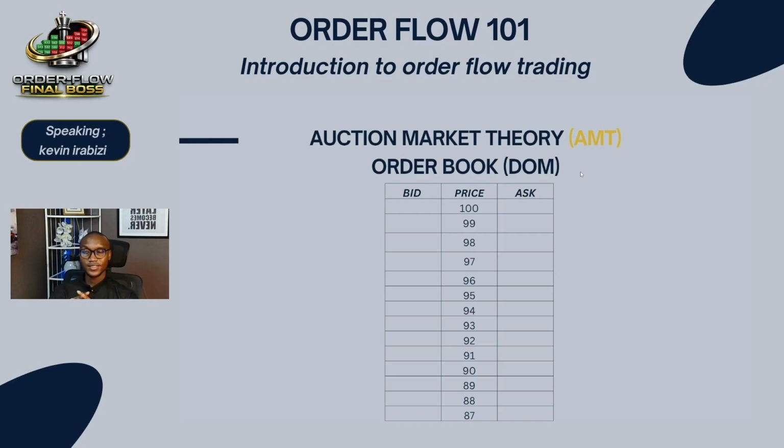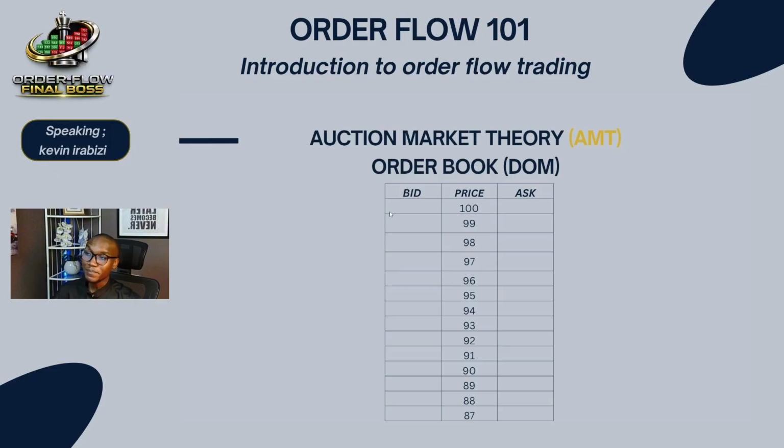Listen carefully. The order book of the charts doesn't look like this. This is a very, very simplified version that I've made up for you guys to try and understand the depth of market from the very basics. So we have price and we have ask and bid.